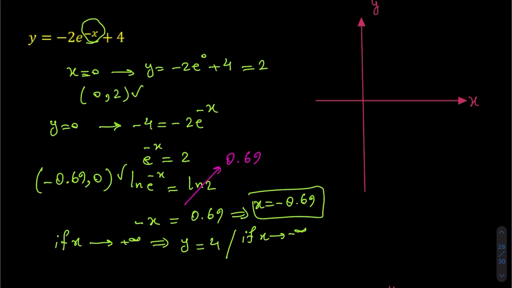We will just substitute it here again. Negative infinity times negative, because there is a negative here, it will be positive infinity. So e to the power of positive infinity will be positive infinity. But we have a negative coefficient here. So this negative 2 times positive infinity again becomes negative infinity. So therefore, y also approaches negative infinity.